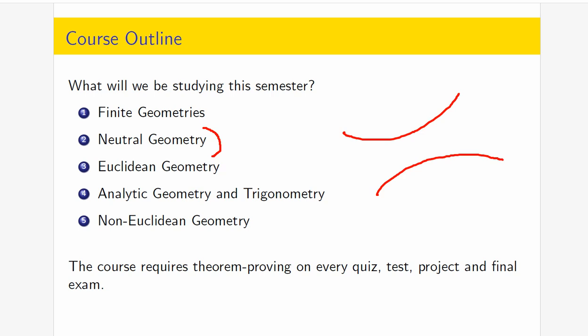parallel condition. Analytic geometry, that's when we use equations, we use algebra, for example, to prove something is a right triangle. How could I do that? Well, I could use the distance formula algebraically to get the lengths of the two legs and the length of the hypotenuse line segment.